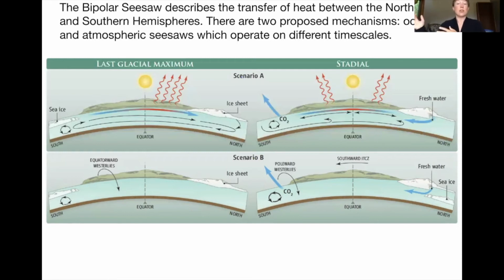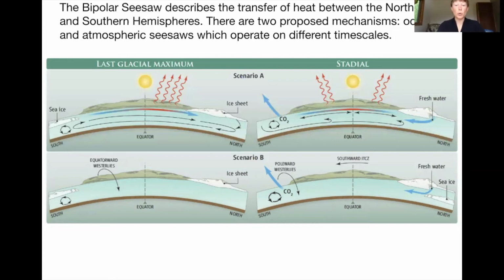And that affects the atmospheric circulation and pushes all of Earth's circulation cells to the south. So we see a southward ITCZ, which stands for the Intertropical Convergence Zone. That is where, right now, in general, air masses come together and you get a lot of rainfall along the equator. That shifts to the south and the westerlies shift toward the south.